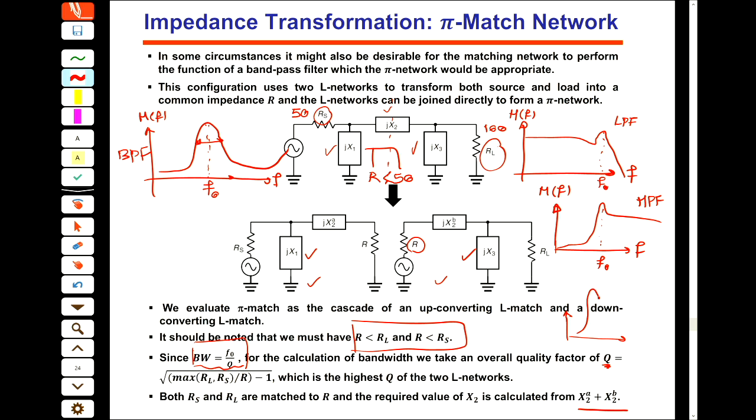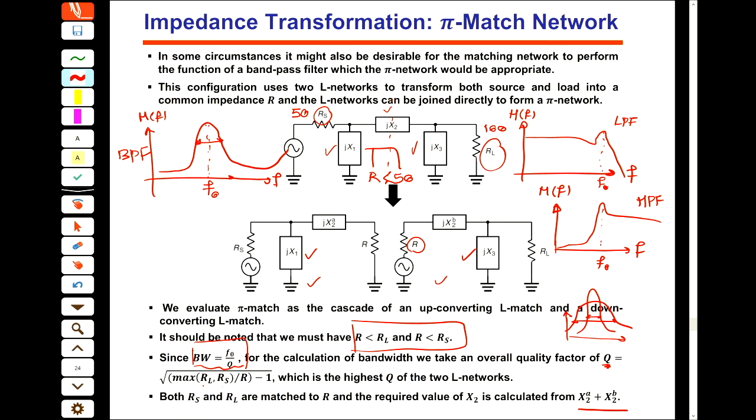If the Q factor is high, the bandwidth is smaller than if the Q factor is low, because bandwidth equals F naught divided by Q factor. So the highest Q factor gives you the lowest bandwidth, so we should select the highest Q factor. And the highest Q factor comes from the maximum of RL and RS divided by R.